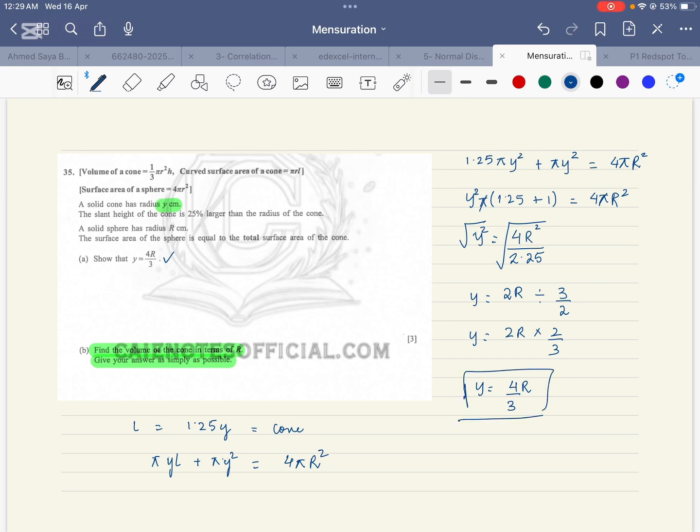Next is to find the volume of the cone in terms of r. Give your answer as simply as possible, meaning in simplified form. The volume of the cone is V is equal to 1 upon 3 pi r squared h.